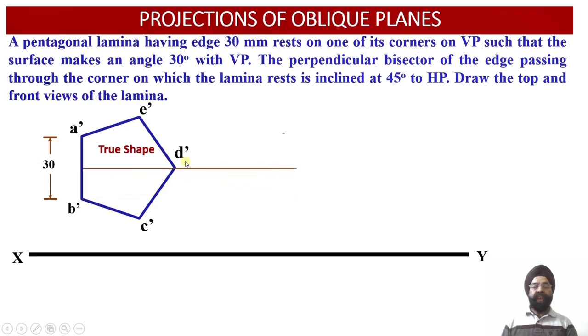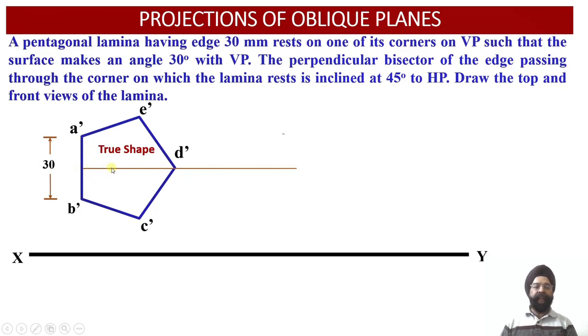And now we know that ultimately we are required to determine this distance. So this is the true length of this distance over here. That is the distance between vertex D dash, which will be lying ultimately in the vertical plane, and this midpoint of the edge AB over here.